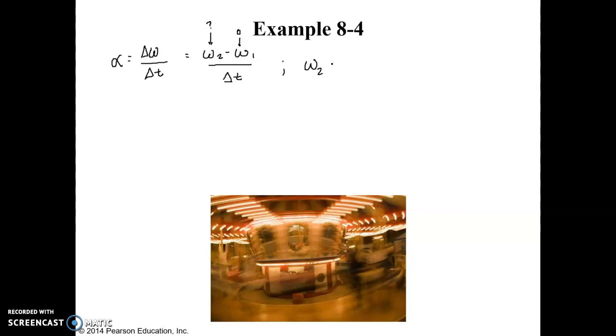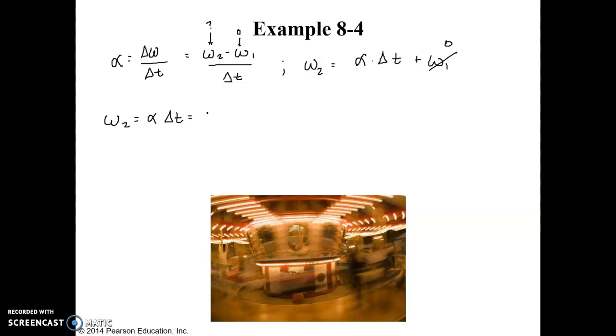So that omega 2 is going to equal our alpha multiplied by delta t, and then add omega 1. Except that we don't really need to worry about that because that's 0. So basically our final angular velocity is just going to be equal to our angular acceleration times delta t.